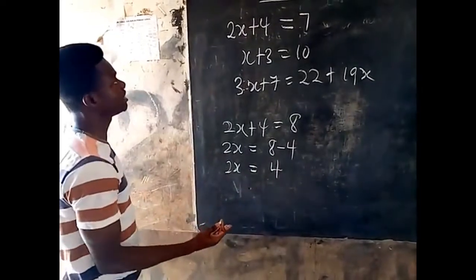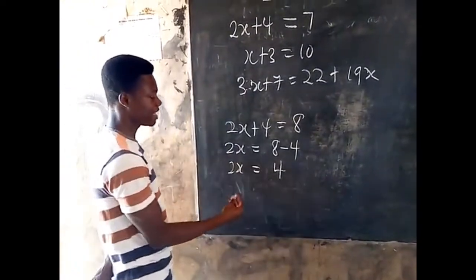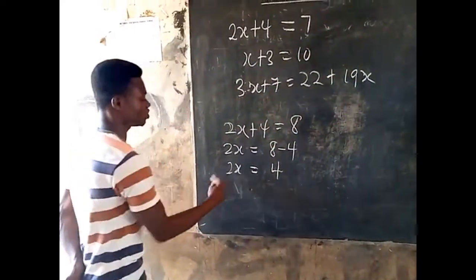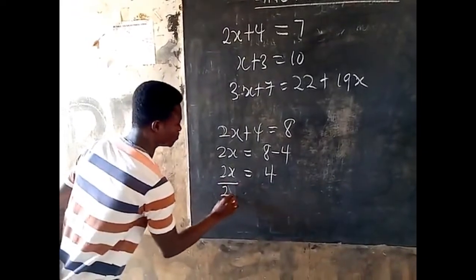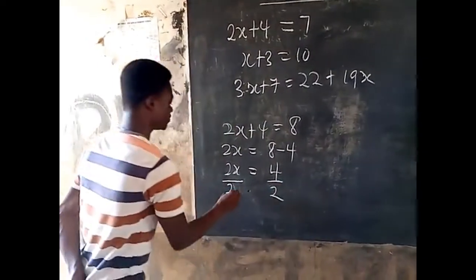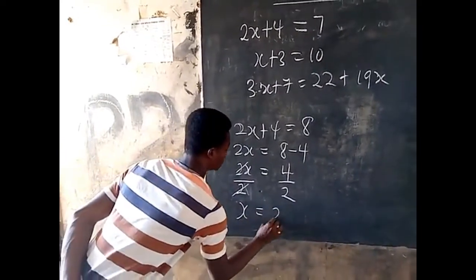In dealing with equations, we divide both sides by the same quantity. If you want to make x the subject, or solve for x, we divide here by 2 and we divide here by 2. So x is equal to 2.